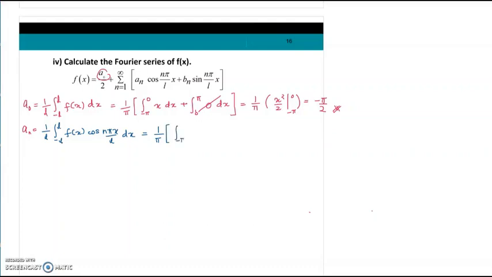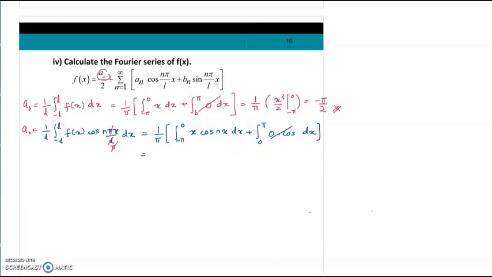The first one is negative pi to 0, fx is x in that interval times the cos. Our L is pi, so we can cancel out with the pi at the top. So we have cos nx only, dx, plus the second one from 0 to pi, but the function here is 0. When you multiply with the cos, this is all 0, so we can ignore that part.